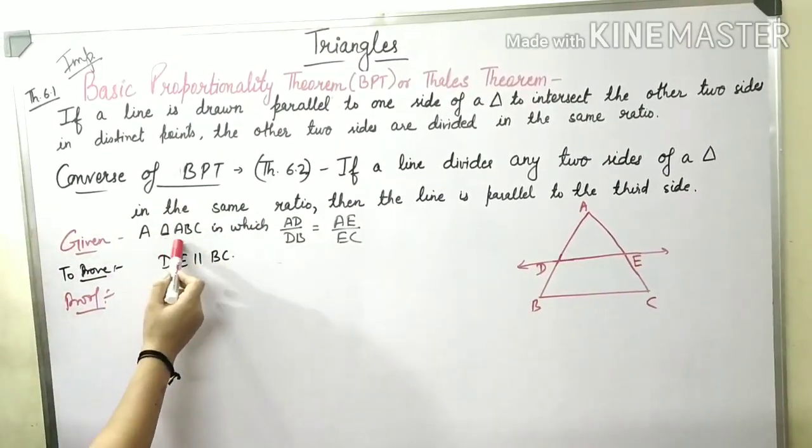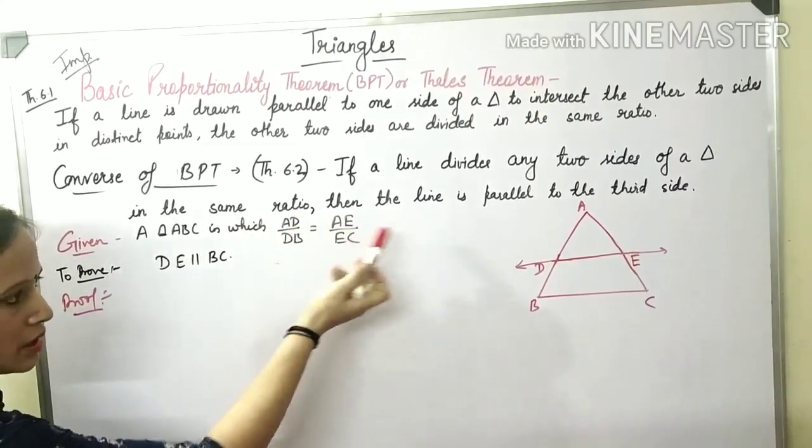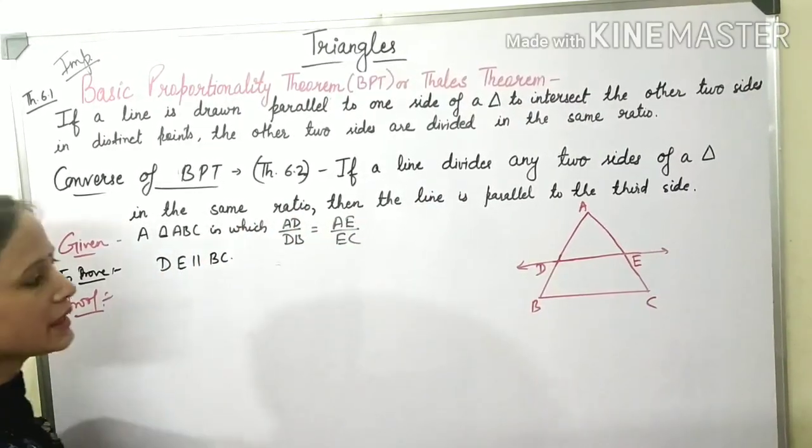What is given? A triangle ABC in which the ratio of the sides is equal, and we have to prove DE parallel to BC.